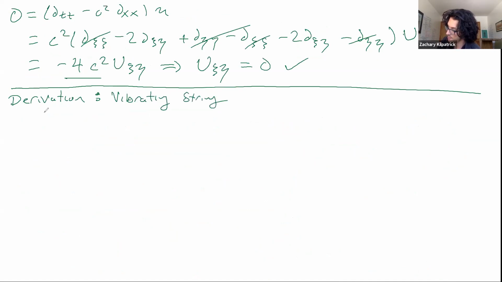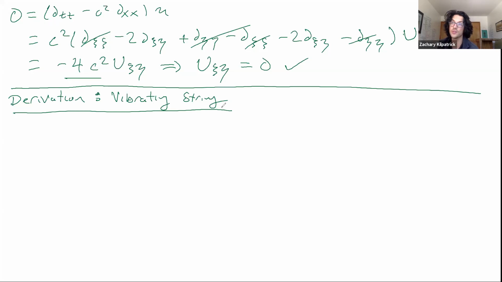One place that people often start is with the example of a vibrating string. So the idea here is that we want to take a plucked string and map coordinates in the right way so that we can get the propagation of energy or displacement along the string in terms of the wave equation.